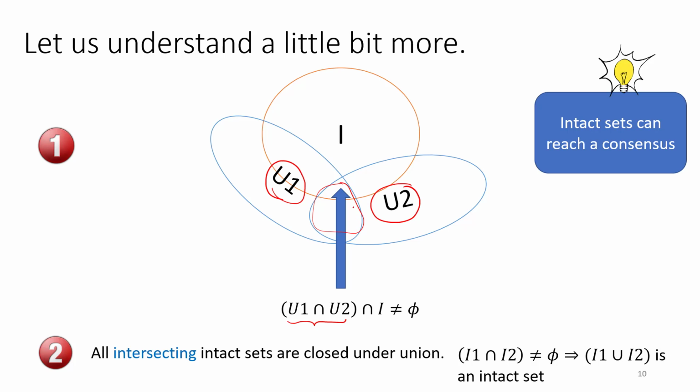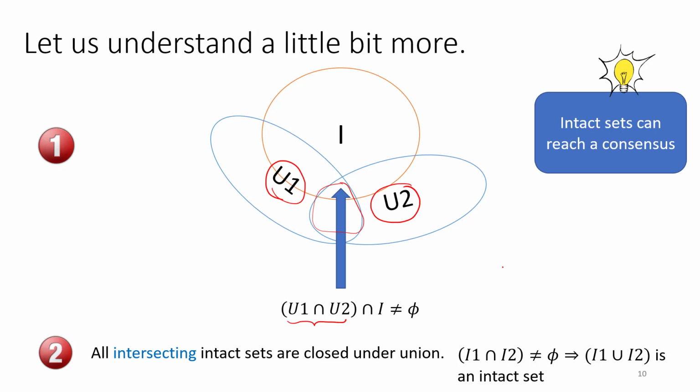So this is an important result that is used in the proofs of the Stellar protocol. I would encourage all of you to take a look at the papers and understand the proof of the protocol. But the basic idea is that if there are two quorums which intersect the intact set, then the intersection of those quorums also intersects the intact set. All right, so the intersection is not disjoint.